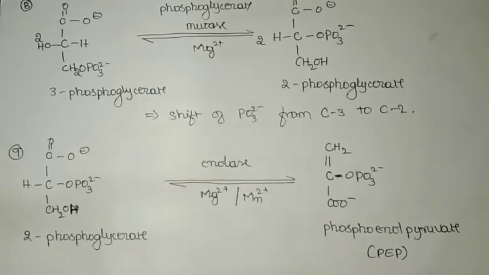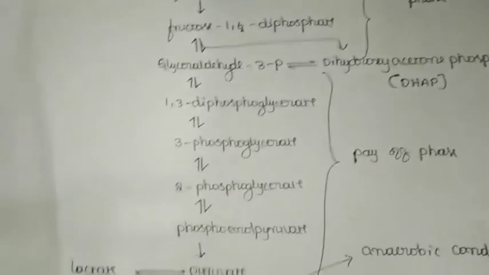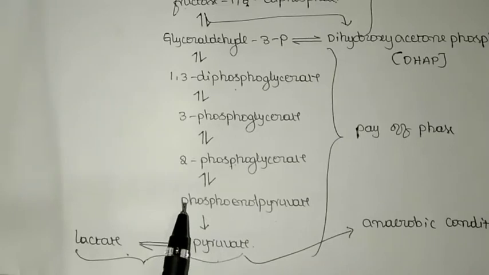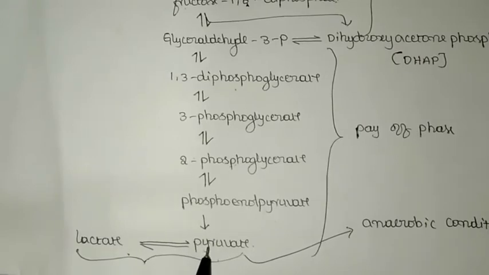And the next, that means the 10th reaction in glycolysis, is the conversion of phosphoenol pyruvate irreversibly to produce pyruvate.